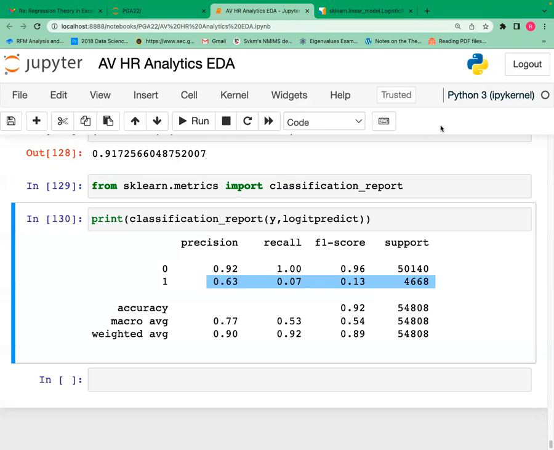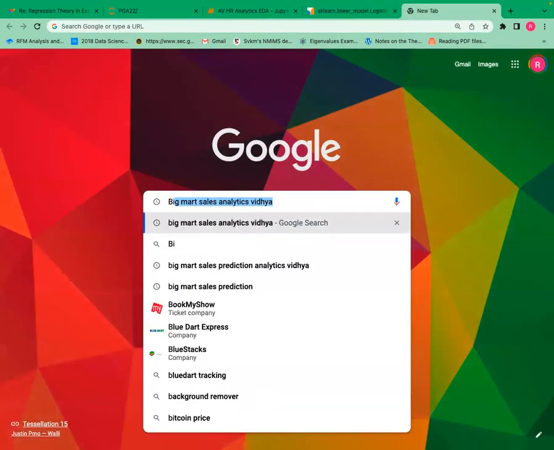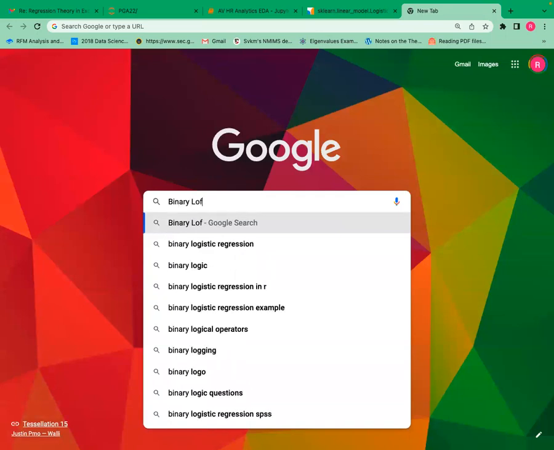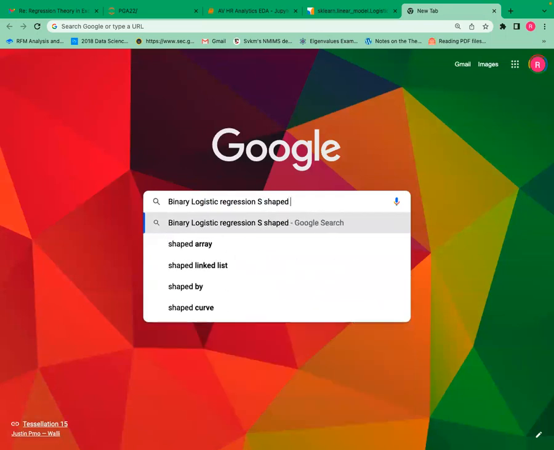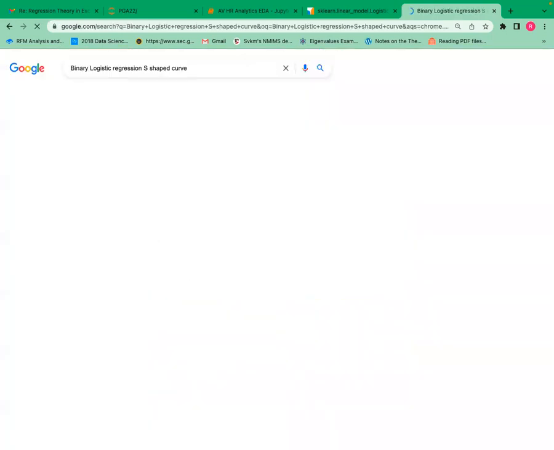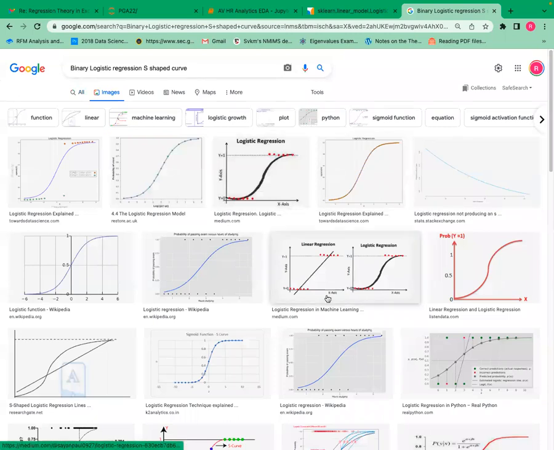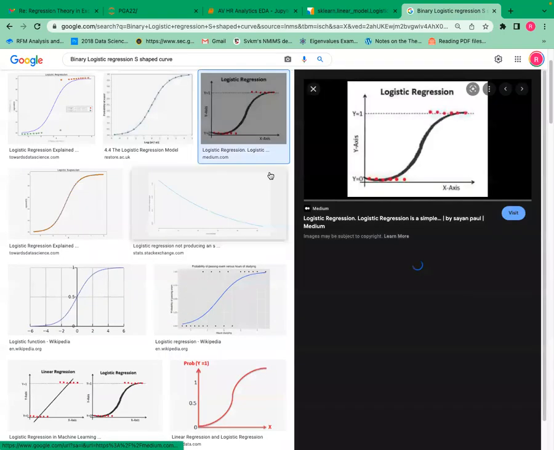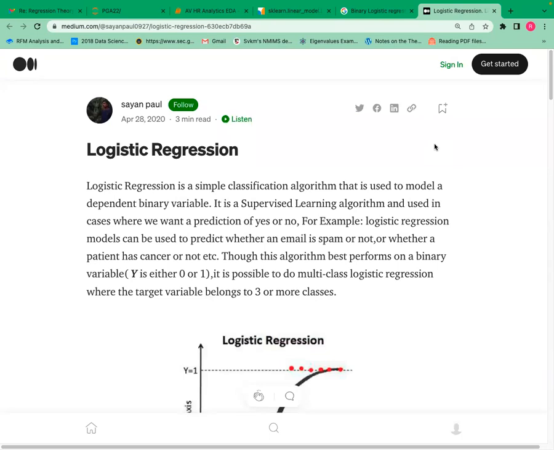And binary logistic regression is an S-shaped curve. What is the shape of the curve in multiple linear regression? What is the preferred shape of the curve in linear regression? Yeah, a straight line is okay, but I'm talking about the curve. The curve is a bell curve, no? Normal distribution.